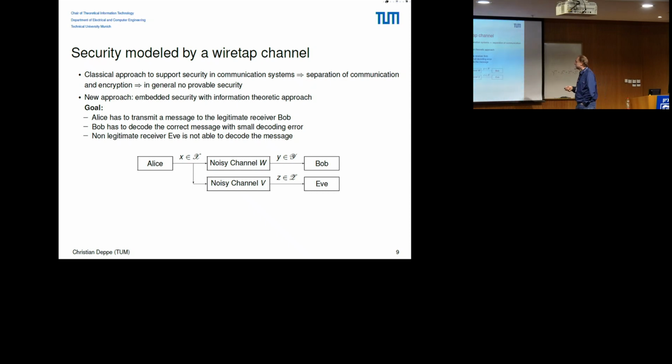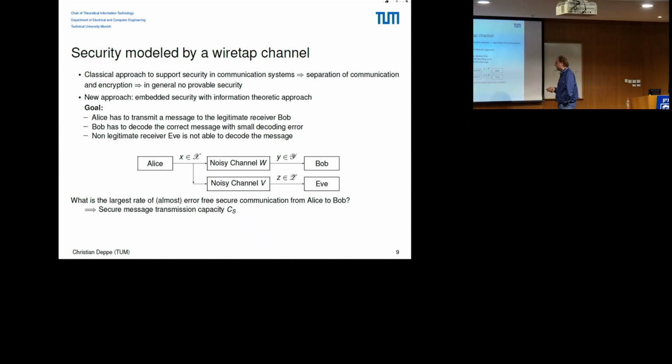We have another channel V here to Eve, and Eve also wants to find out what was the transmitted message. And the question is again, what is the largest almost error-free secure communication rate from Alice to Bob? And you saw this formula already in the morning. You have this formula here, and we interpreted it already.